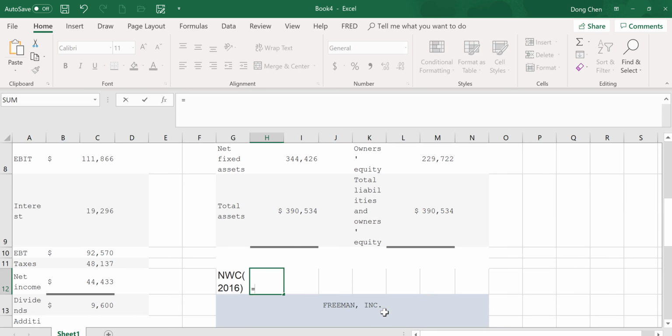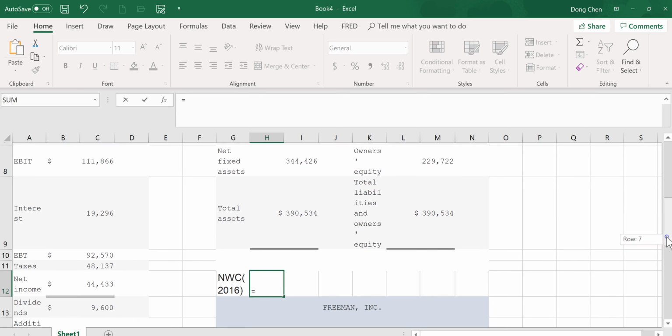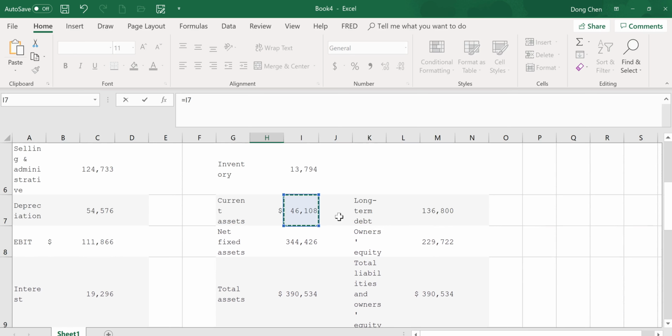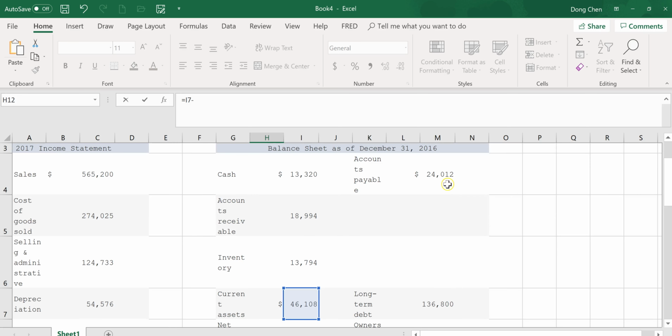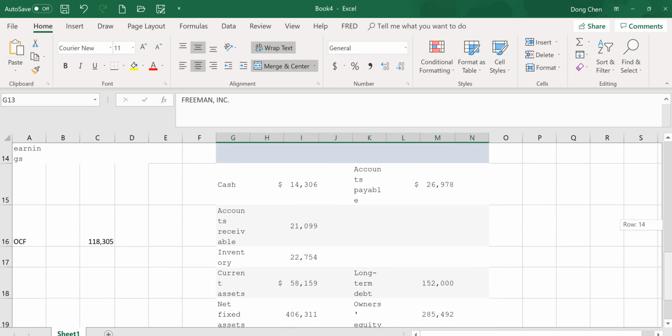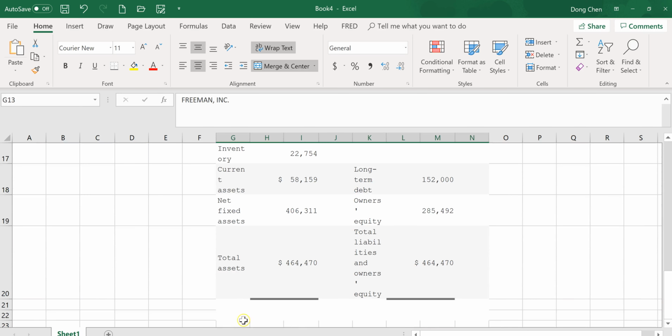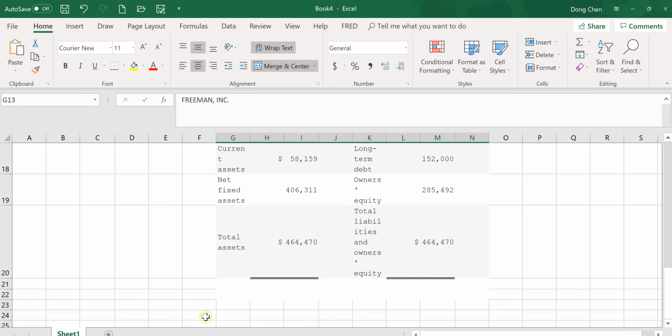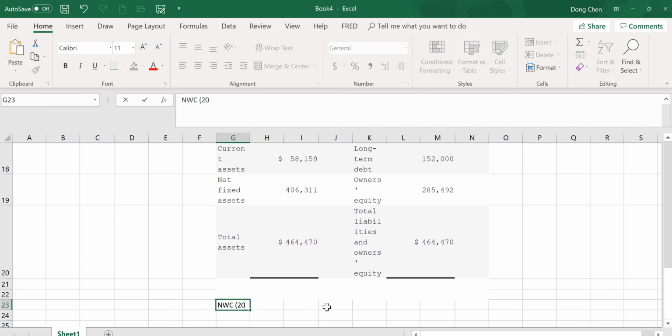So the difference is simply this current assets minus the accounts payable. So that's the number. And for 2017, we can do a similar calculation. NWC 2017.